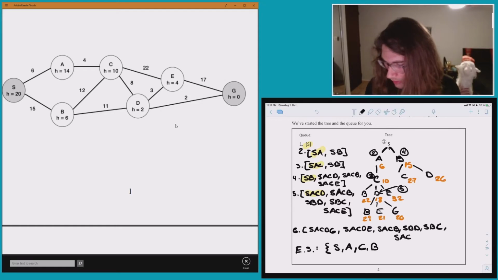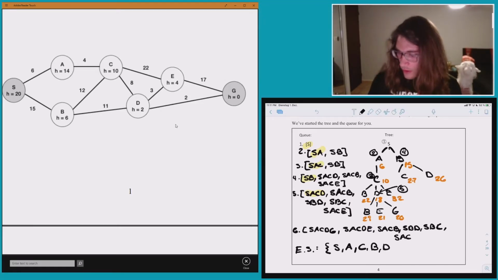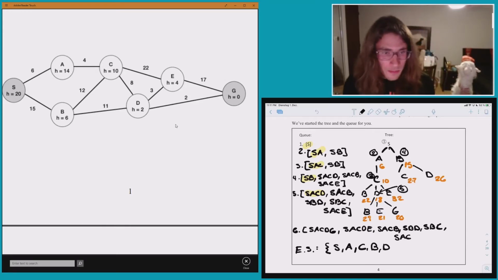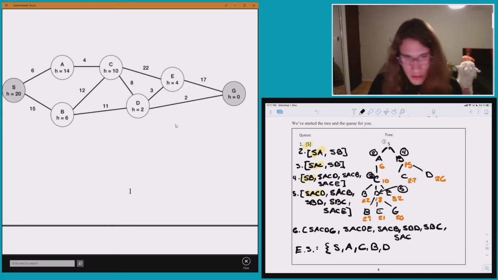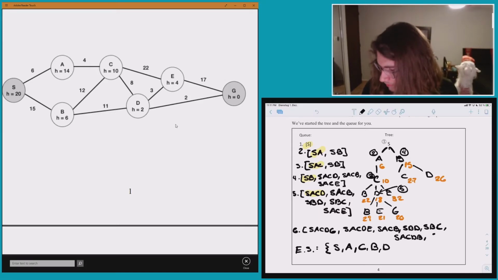Shoot, I apologize, I neglected to add D to the extended set when I expanded it earlier. And now I lost track of where I was. SBC, SACDB, and SACE.